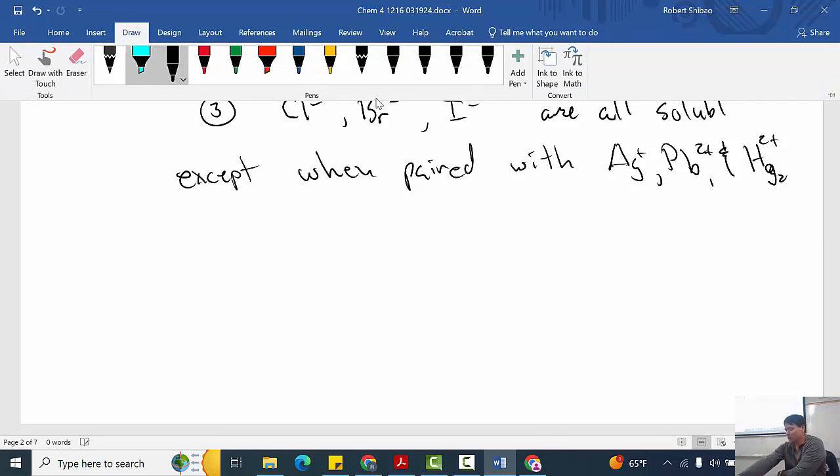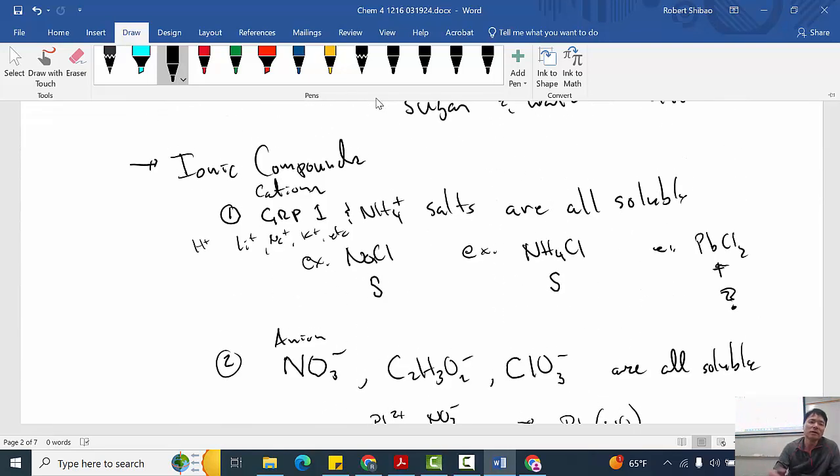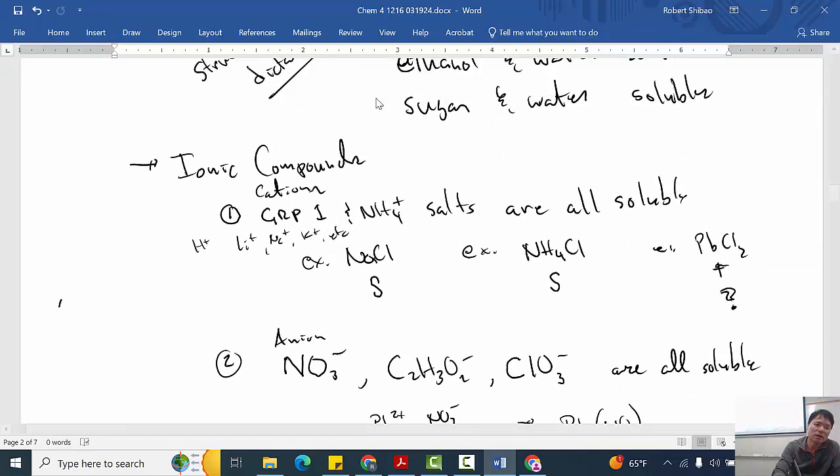And so what does it mean to be insoluble? It doesn't mean it's 100% insoluble. It just means that less than 0.1 moles dissolves in a liter. So let me set the definition over here. Soluble means greater than 0.1 moles dissolves in a liter.